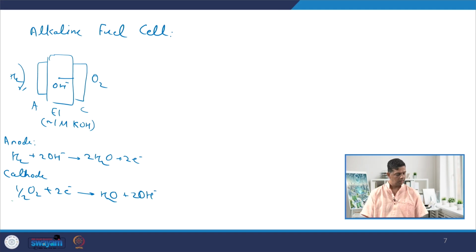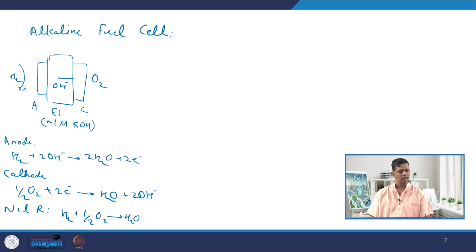So, the net reaction still remains the same, which is H2 plus half O2 gives H2O. Like we have seen earlier, the proton shuttles between anode and cathode, whereas in the alkaline fuel cell the OH minus basically shuttles between the electrodes.